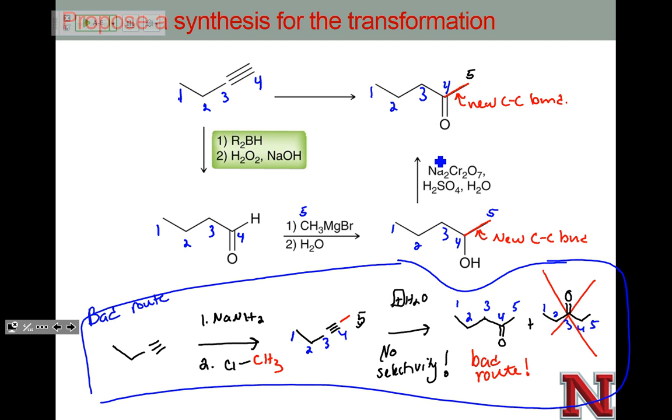But now if we react that with formaldehyde, notice now my alcohol is going to be on carbon 5. Because here we're attacking carbon 5, we're forming our new bond between 4 and 5, which we do have in our final product. That is true, we do have a new bond between 4 and 5. But the alcohol is on 5, so that means the alcohol is going to be on 5 in the product that's drawn from this.